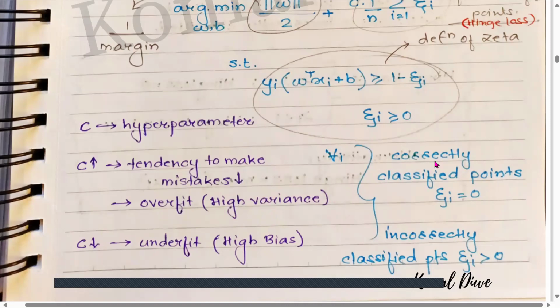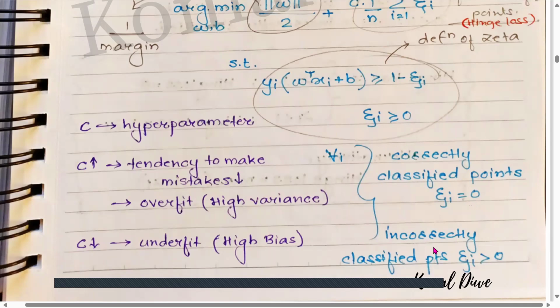Correctly classified points means that zeta equals 0. If zeta is equal to 0, the points are correctly classified. Keep this parameter in mind and note it down.